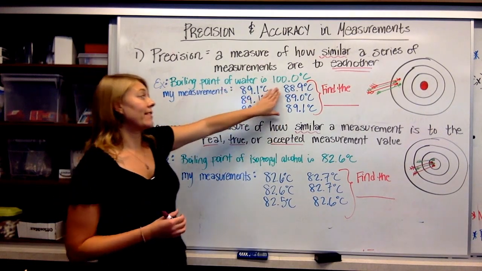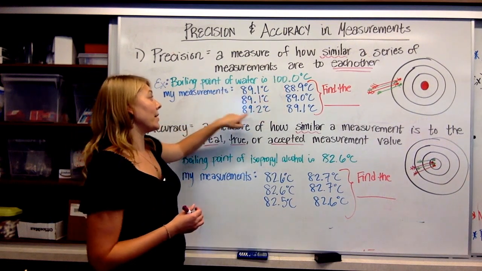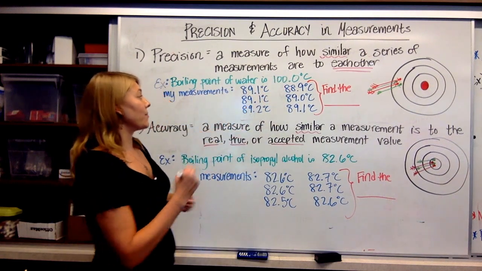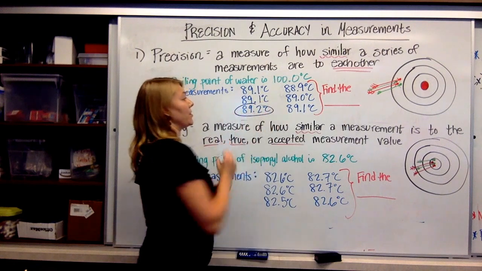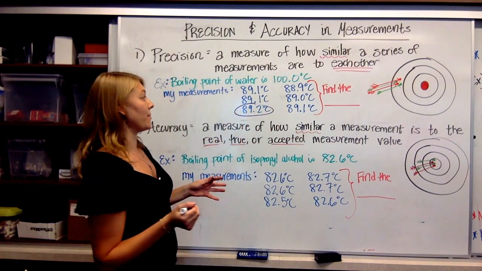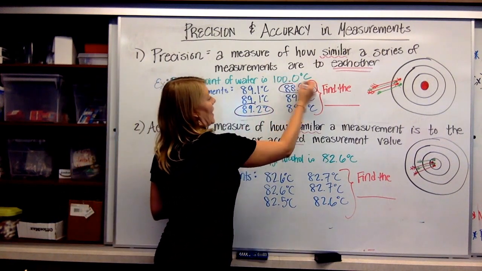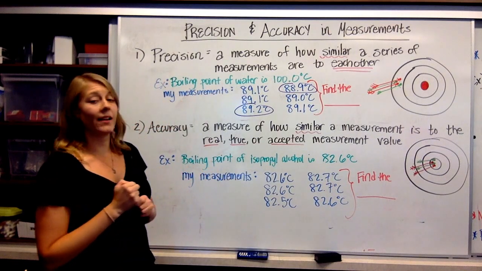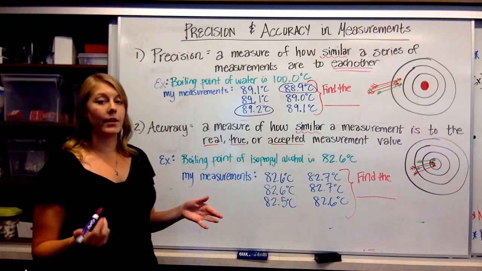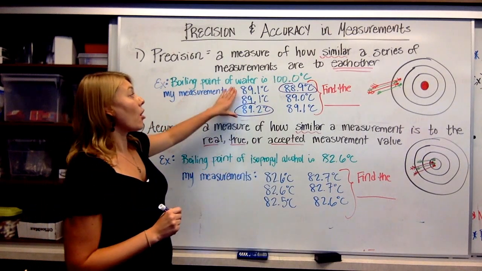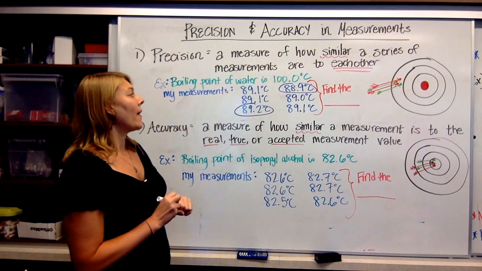All of these are very similar to each other, right? My highest measurement here is 89.2. My lowest measurement here is 88.9, right? So that's only a difference of 0.3 degrees Celsius. These are all very similar, right?